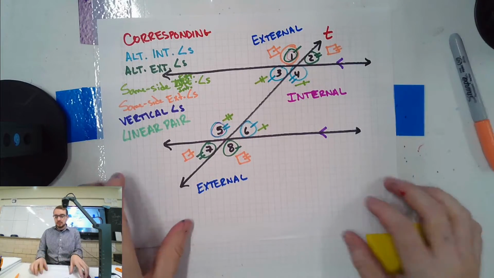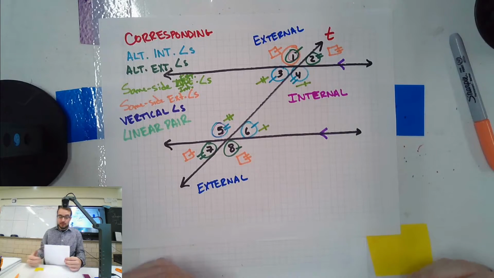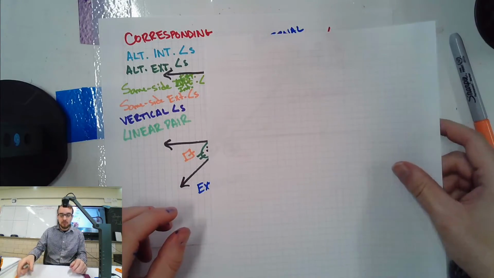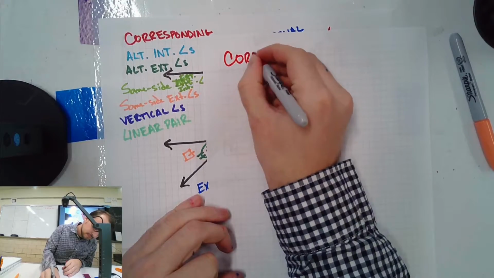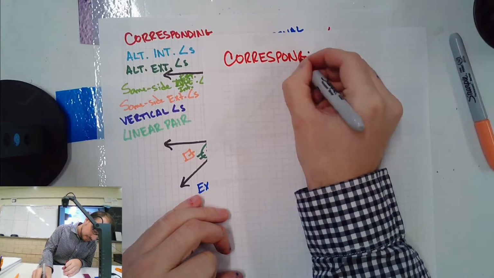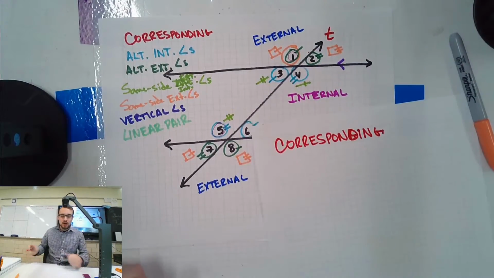So, let's take this big old list and let's talk about what we know. If these are parallel lines, okay? If that is true, then what do we know about these different types of angles? Well, corresponding angles are going to be what? Corresponding angles are always going to be what?